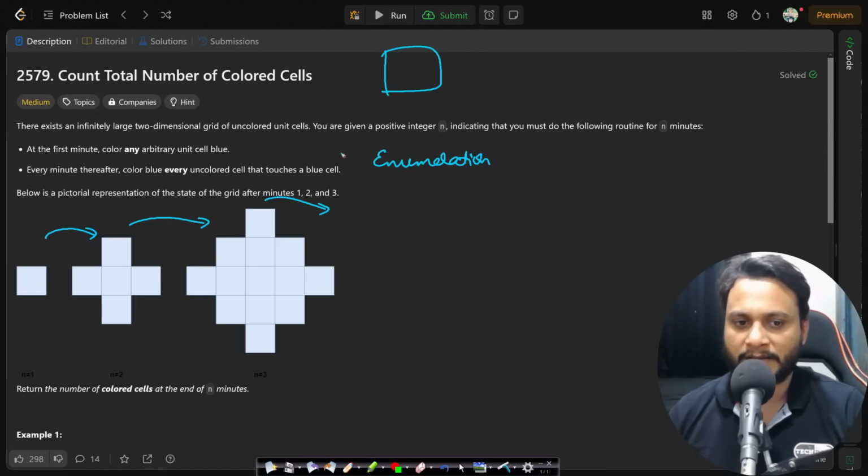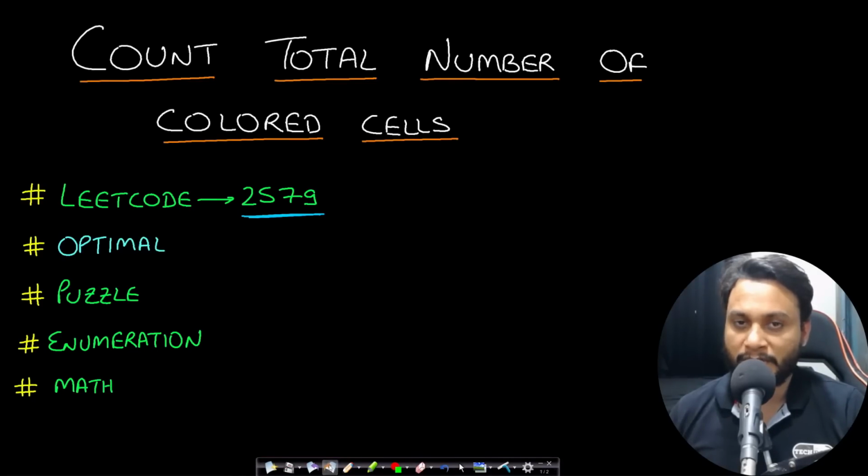Because I know that whatever algorithm I was trying to apply, it would not pass within the given time limit and wouldn't be a good idea to apply, right? So you have to use enumeration, because these types of problems can also be categorized as puzzle type problems or brain teasers. But if you do enumeration, it is very highly likely that you will be able to solve it.